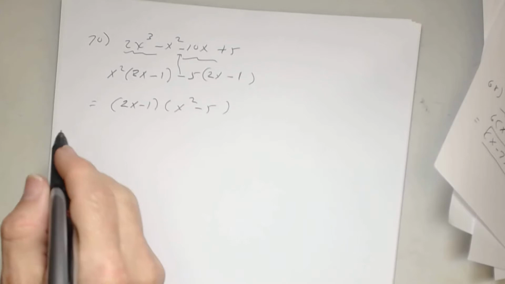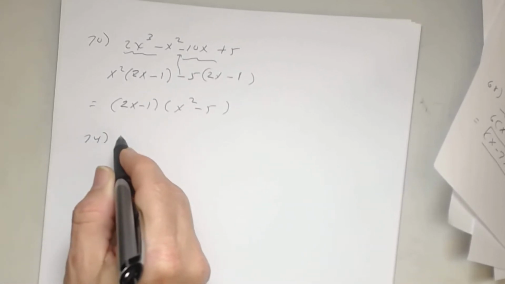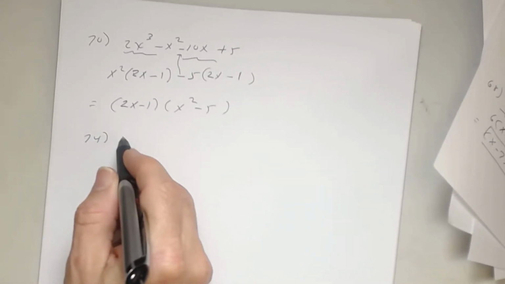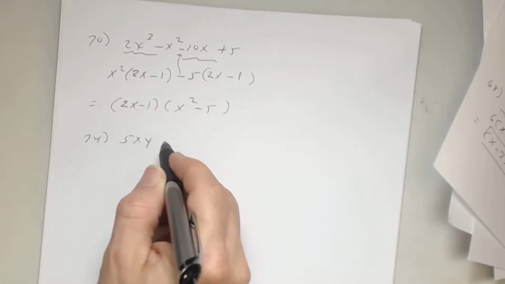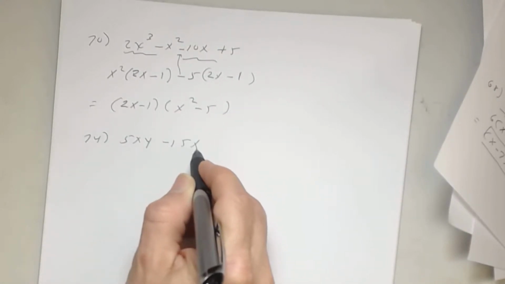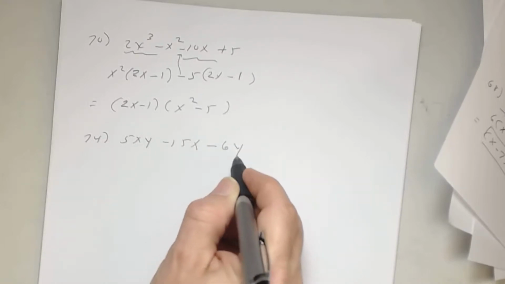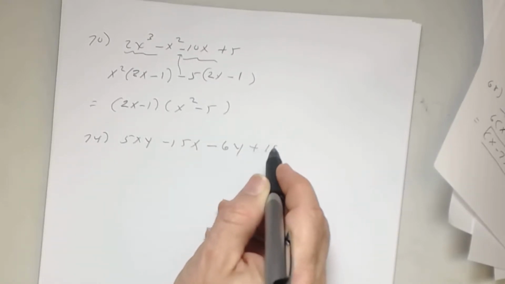All right, let's look at 74. You have 5xy minus 15x minus 6y plus 18.